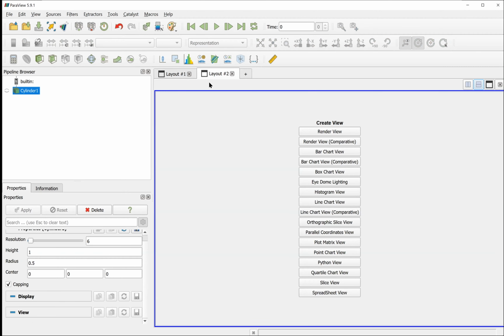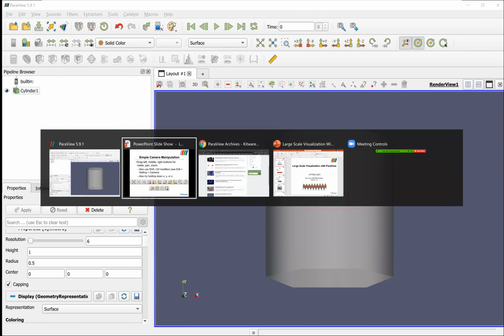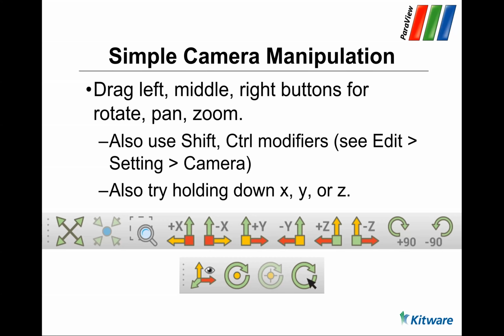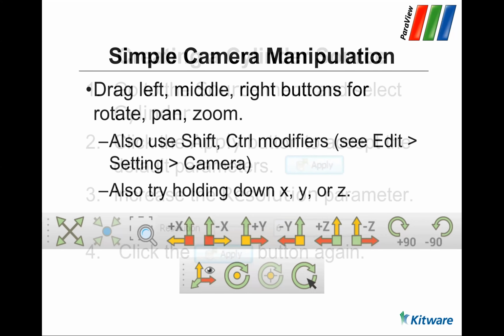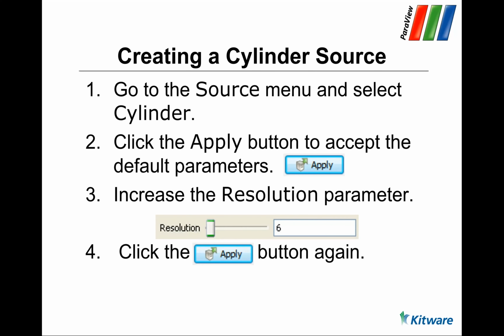Okay. I think I just created by mistake a new view. Let's see. I'm going to switch back to the presentation. So how do you change the cylinder? You've seen it has 6 sides. You change the cylinder by modifying properties inside the cylinder.